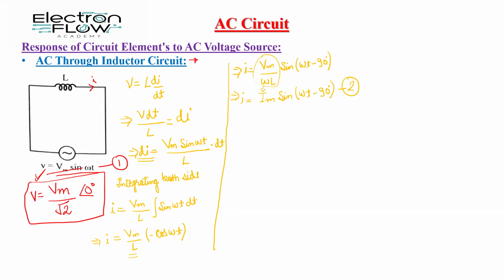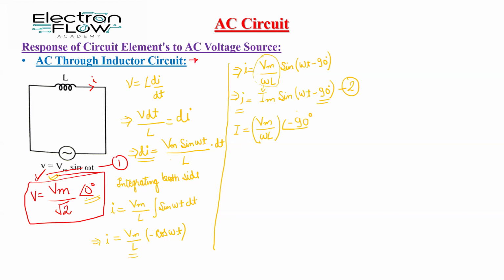Here you can see that in equation number 1 of the voltage, the angle is 0 degree, but in the case of the current, the angle is minus 90 degree. So the value of the current is Vm divided by omega L at an angle of minus 90 degree.